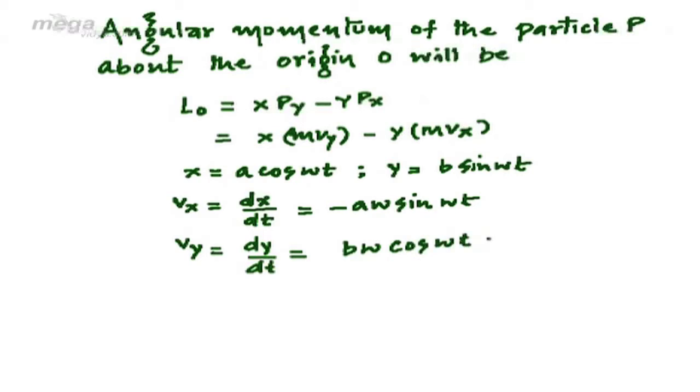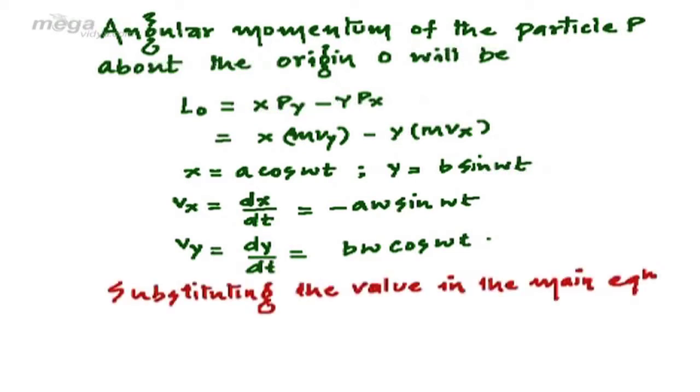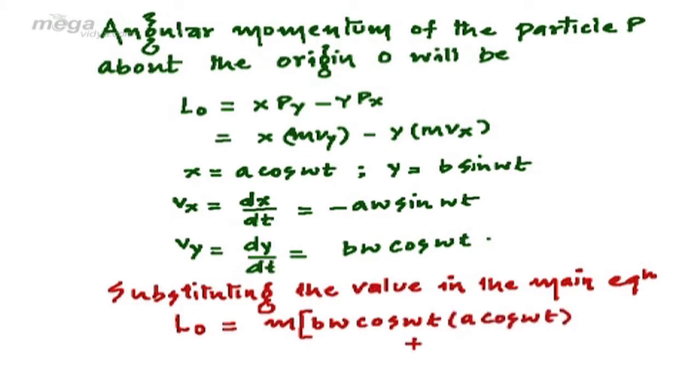Substituting the values of x, y, vx, vy in the main equation, we get L0 equal to m, taken common, times b ω cos ωt multiplied by a cos ωt plus a ω sin ωt times b sin ωt. This will be the value.